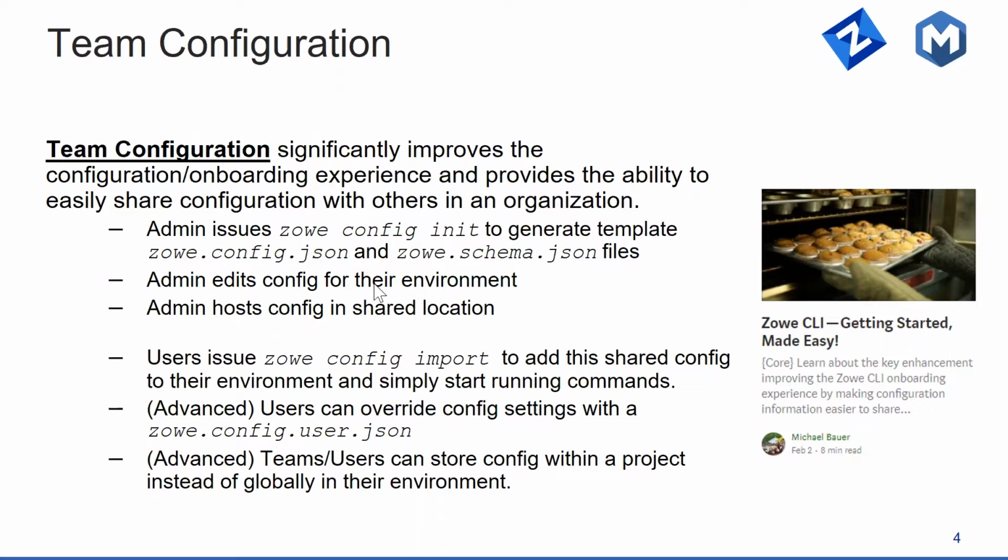Another advanced feature, which I personally make a lot of use of, is that teams and users can store config within a project instead of globally in their environment. Where I find this really useful is I'm working on a lot of different continuous integration projects, and maybe one project's for an application that runs on one set of LPARs using one set of services, and maybe another's on different LPARs using a different set of services.